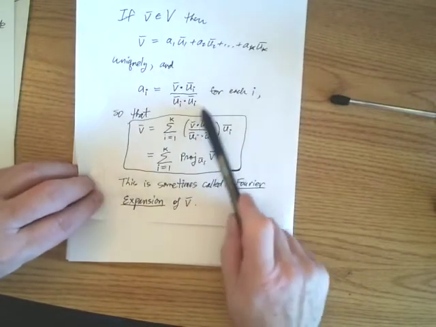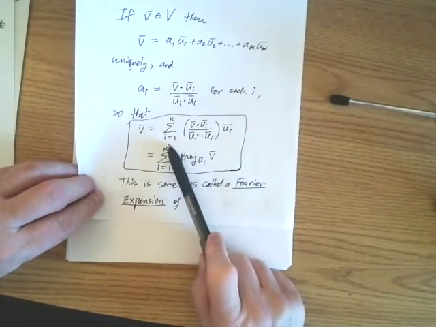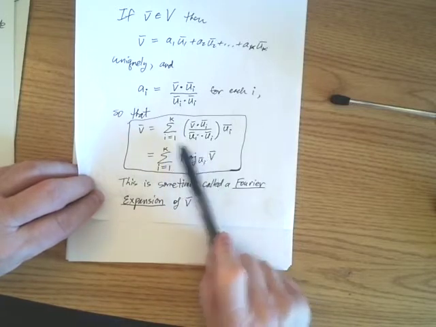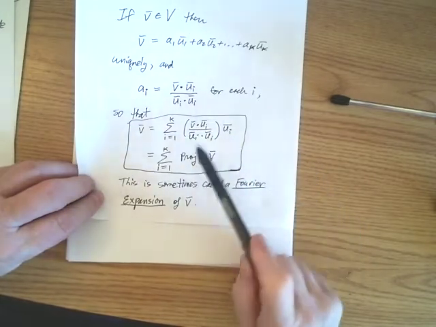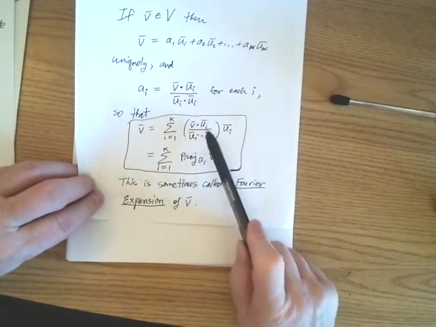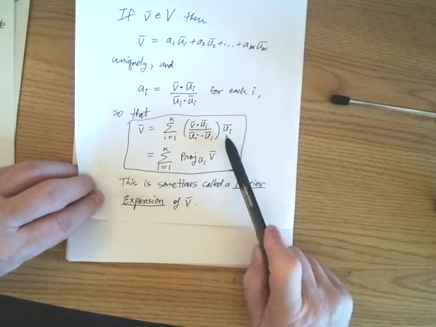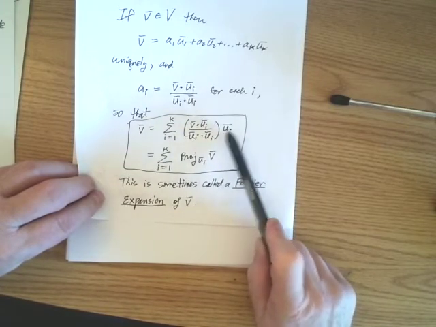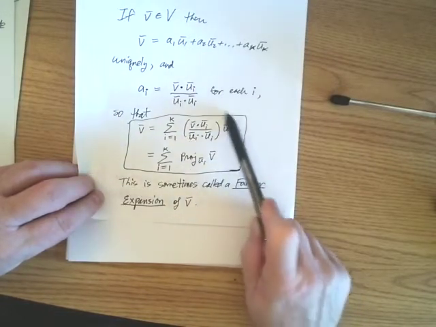By the way, if I take this and stick it back in the formula, written with our convenient summation notation, this is what it would actually look like. v is the summation, i goes from 1 to k, of v dot u sub i over u sub i dotted with u sub i, that scalar in parentheses, times u sub i. Do you recognize this expression right there?